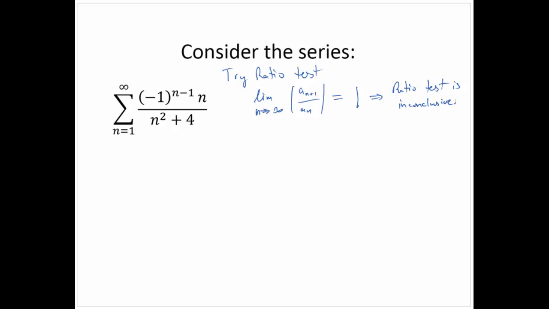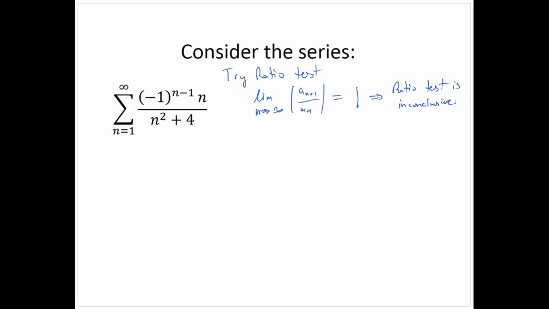So the ratio test tells us nothing about this series. So we are going to have to try something else. If you find out that one test doesn't work, that doesn't mean you just stop. You have to go and try something else.